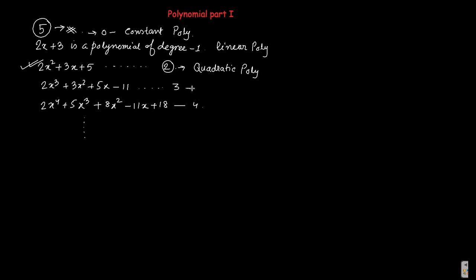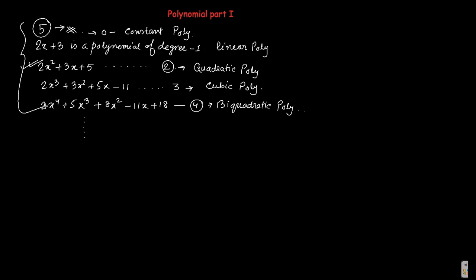Degree 3 is called a cubic polynomial, meaning any expression having the highest degree 3. And for degree 4 it is the biquadratic polynomial. So on.